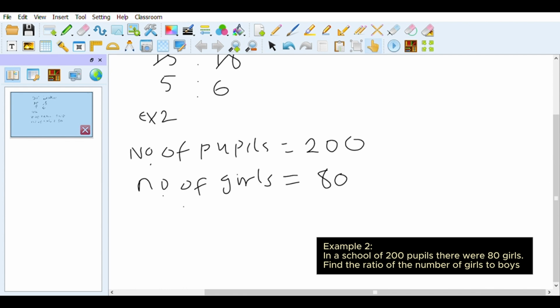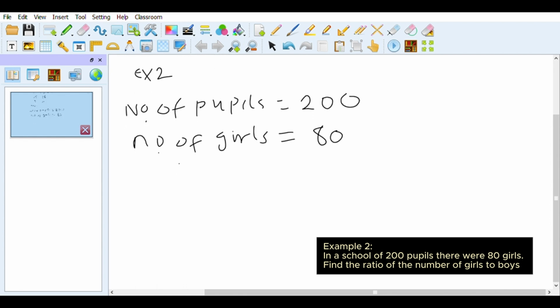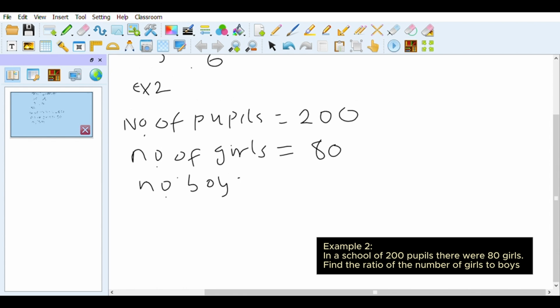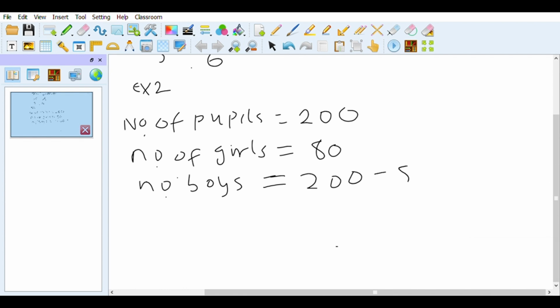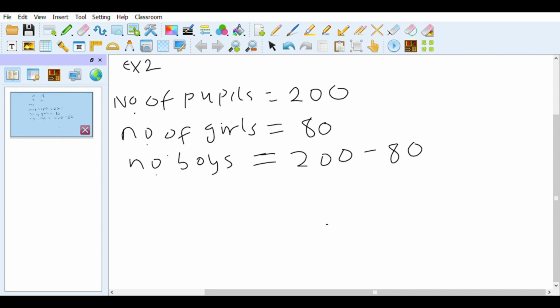Of course, there can only be girls and boys. So if there are a total of 200 pupils and then there are 80 girls, it means that if we take away that 80 from 200, what is left will be the number of boys. So 200 minus 80 gives us 120. Which means the number of boys in the school is 120.